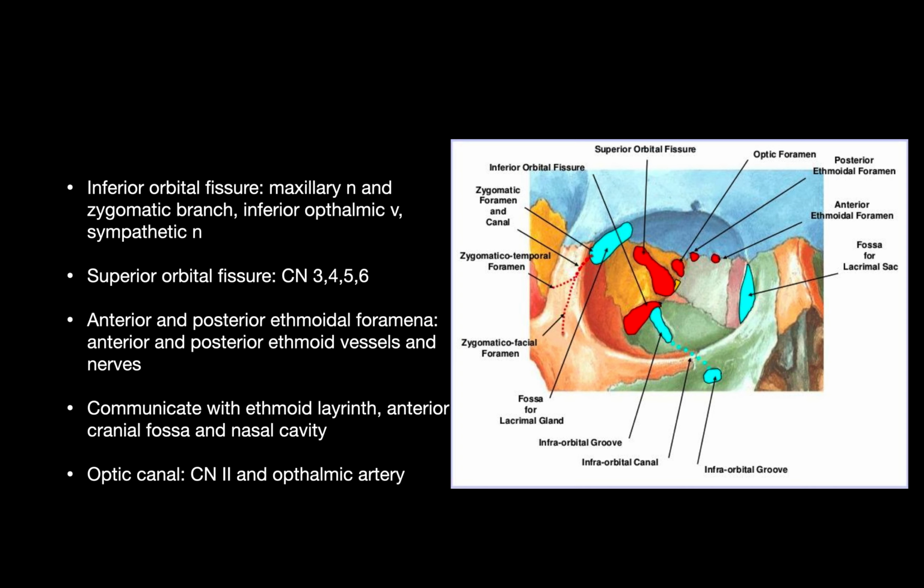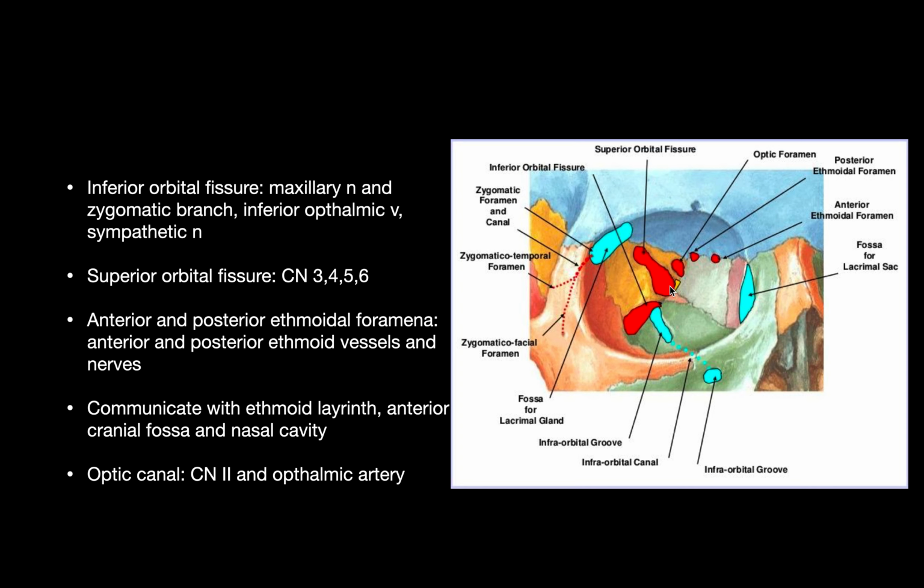So the inferior orbital fissure conducts the maxillary nerve of cranial nerve number 5 and the zygomatic branch of that, along with the inferior ophthalmic vein and the sympathetic nerves. So the superior orbital fissure conducts cranial nerves 3, 4, 5, and 6.